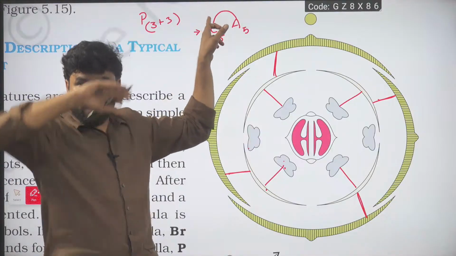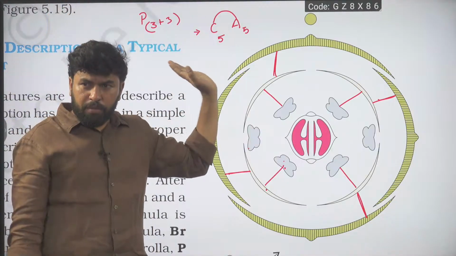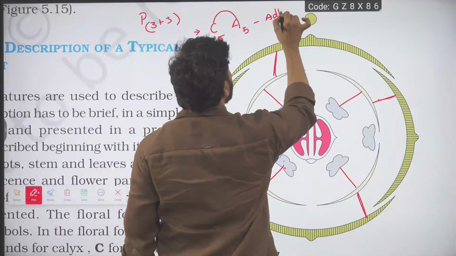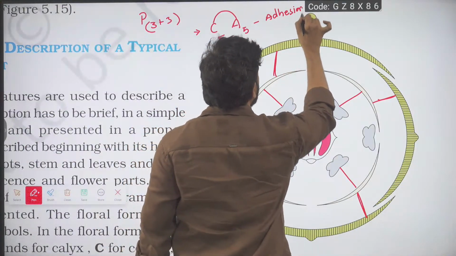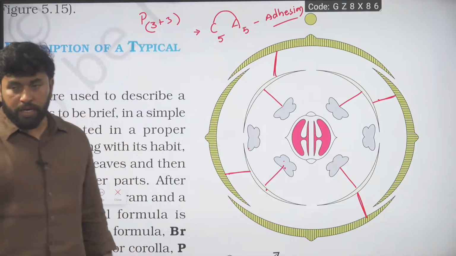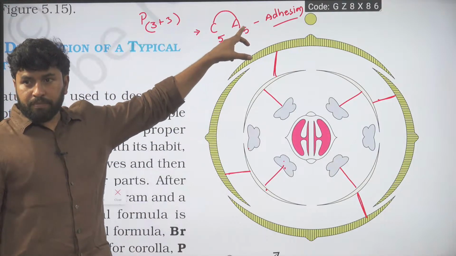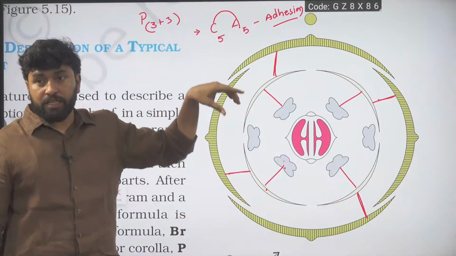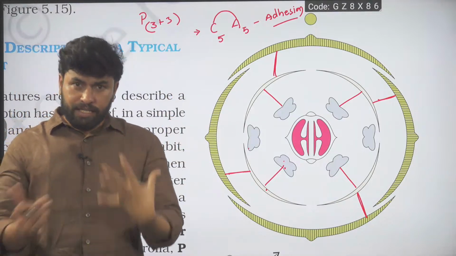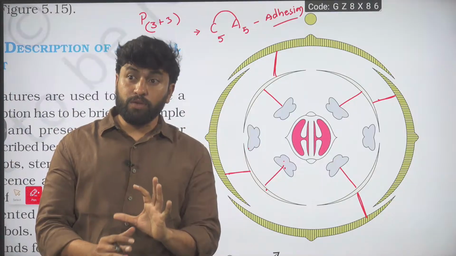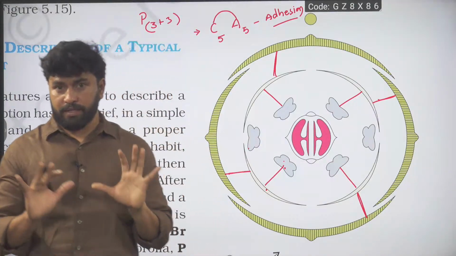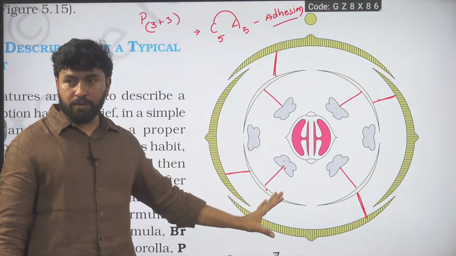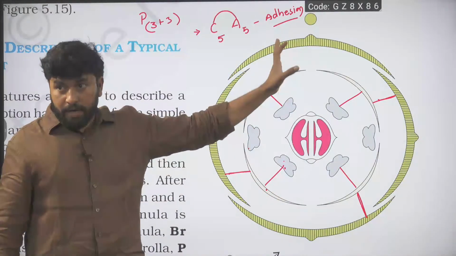This symbol on top, the attachment between one member and another member, indicates adhesion. Is it okay? And this adhesion, both are performing attachment. This adhesion is a kind of connection between two different whorls of the same flower. Getting the idea? This is the concept we need to understand related to the external floral parts.